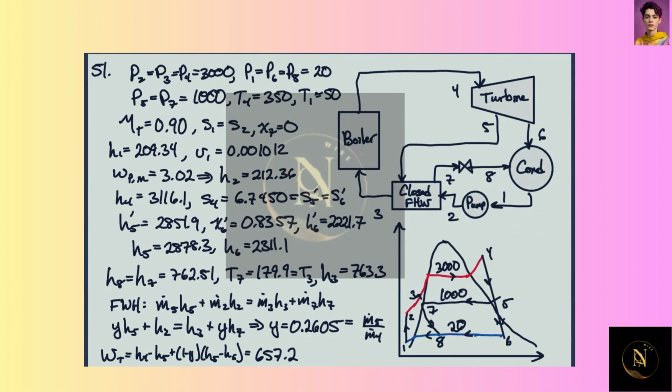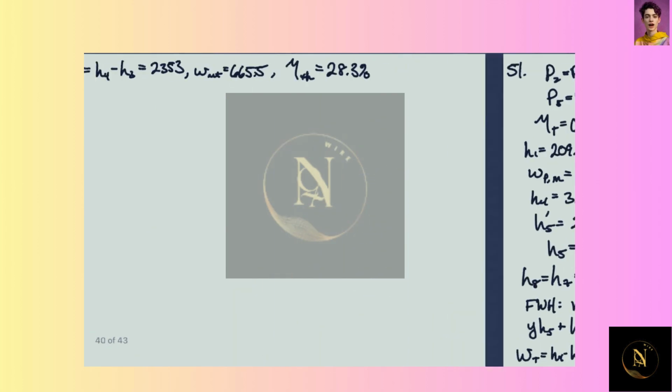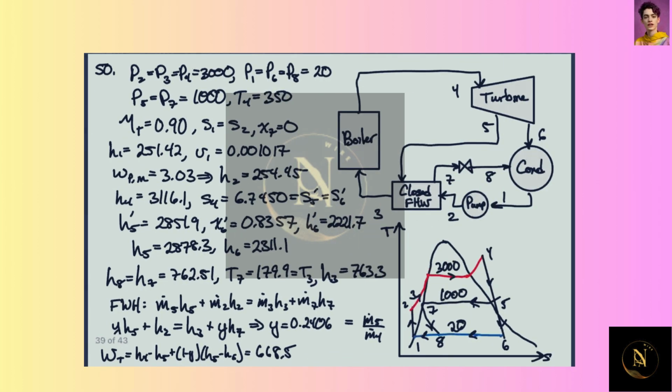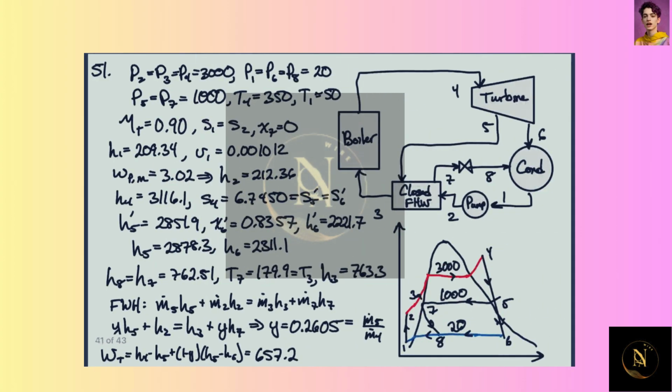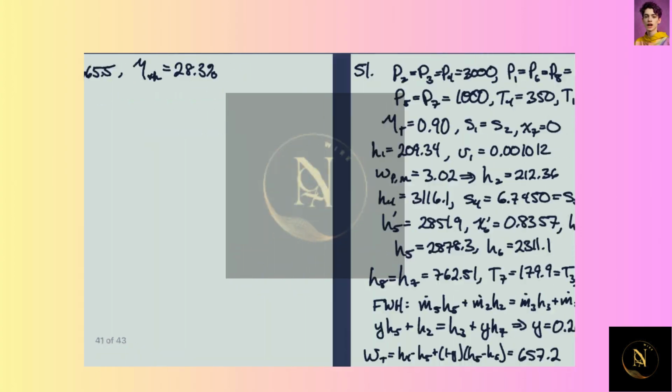So the work in the turbine, just like before but now with different values here, is 657.2 kilojoules per kilogram as opposed to 686.5. So we got a little less work out of the turbine because of this.